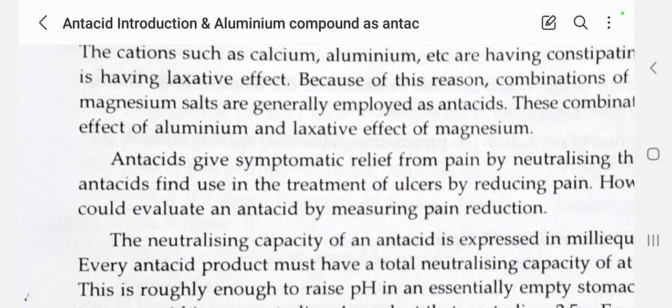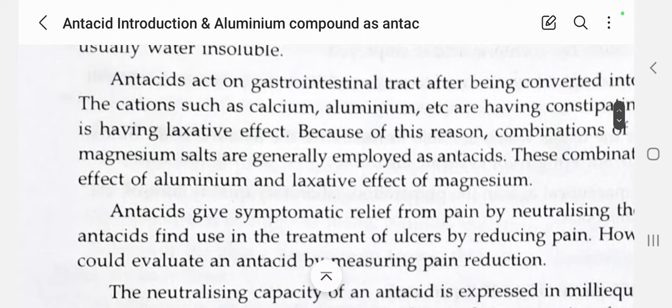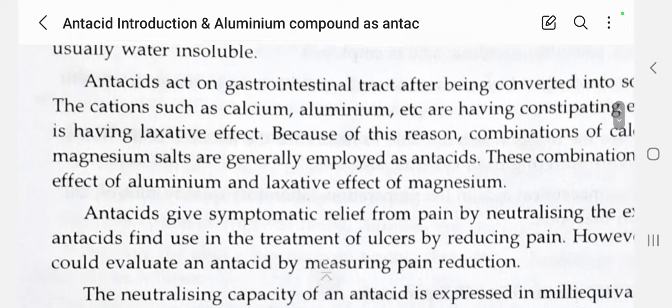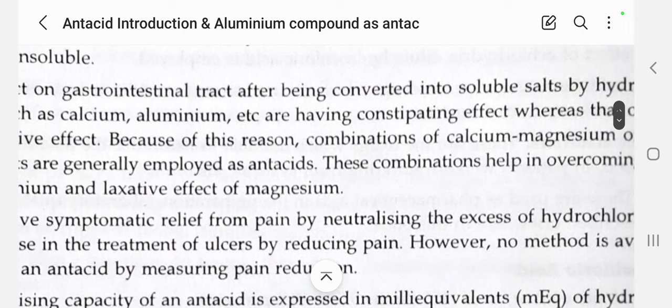Once again, let me repeat the same. Why might antacids be a combination of calcium with magnesium or aluminum with magnesium? Because calcium and aluminum are cations which have a constipating effect, whereas magnesium has a laxative effect on the patient.